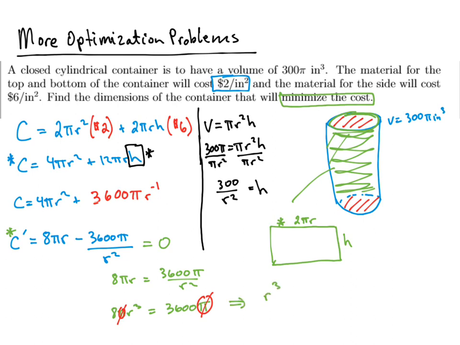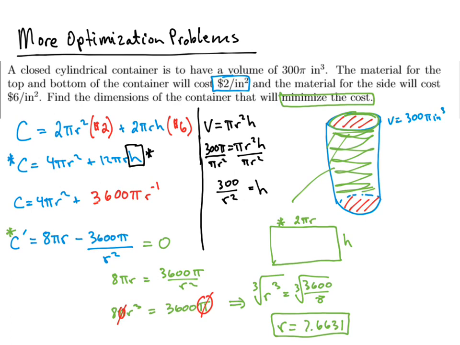So we end up with r cubed is equal to 3600 divided by 8, and then take the cube root of both sides. So I get an r value that is equal to about 7.6631. Okay? So this is the value that minimizes the cost, the radius that minimizes the cost, I should say.